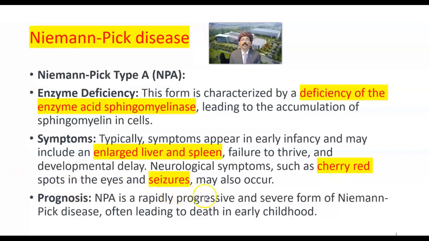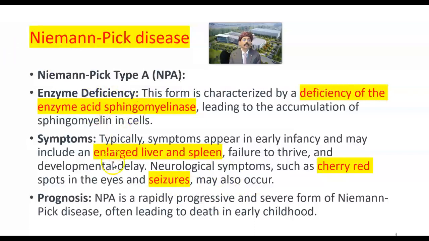About one third of patients have a cherry red spot in the eye, in the macular area, around the fovea centralis. There may also be seizures, and intellectual incapability, low IQ, and motor disturbances may also occur.